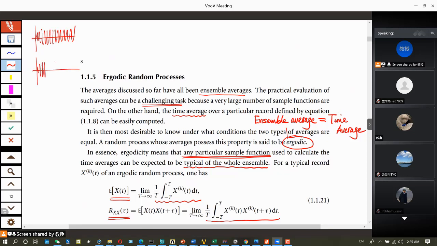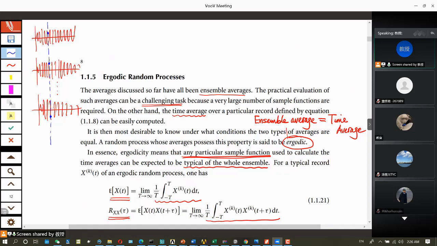The whole sample means you have a large number of realizations, and for a specific time instance, it has a realization, and another realization.